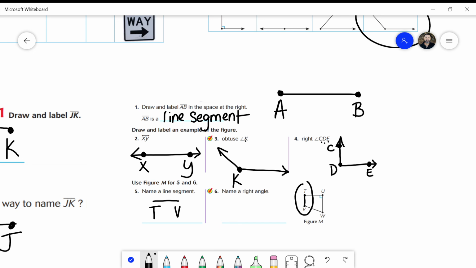And if I'm going to try to name a right angle, I'm looking for the corner of a square. A lot of times they have that little symbol right there, identifying a right angle.